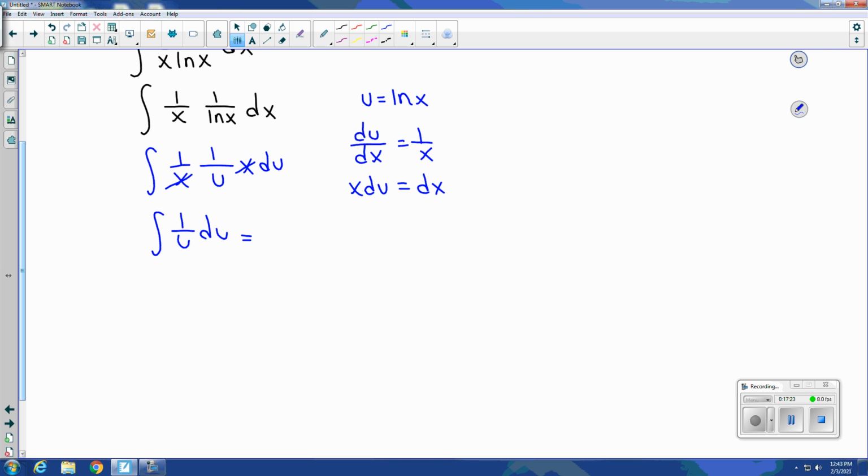And the antiderivative of 1 over u is ln absolute value of u, plus c. Let's make sure that our final answer is in terms of the original variable of integration, which is x. So u we defined as ln x. So ln of ln x plus c is our antiderivative or evaluation for that indefinite integral.